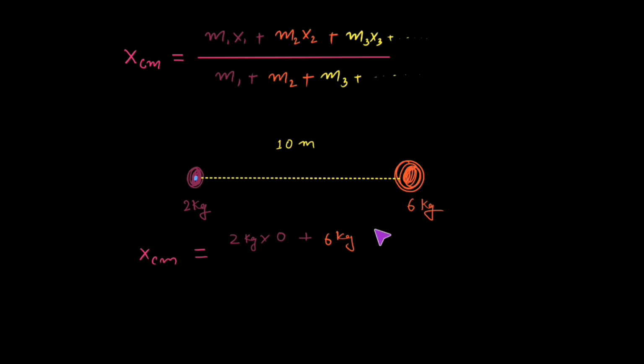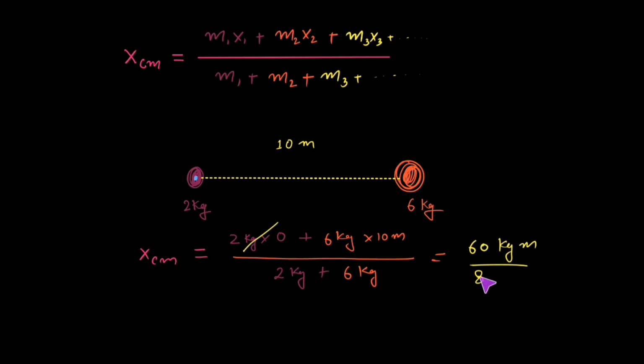This distance is 10 meters. This is divided by m1 plus m2, where m1 is 2 kg plus m2 is 6 kg. So in the numerator this term would be 0 and this term would be 60 kg meter, divided by 6 plus 2, 8 kg. So this would be equal to 7.5 meters. So this 7.5 meters is the distance of the center of mass from the point I assumed as the reference.